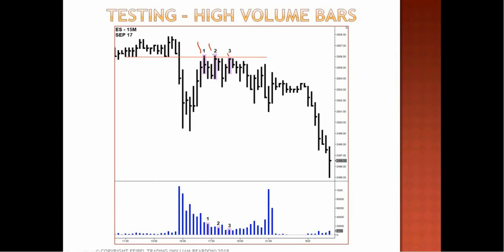But then when we combine all these elements together, when it gets to this bar here, we note sellers come in, each attempt to break has lower and lower volume, with all this in the background, it becomes very easy. So this chart is a good example of testing a high volume bar.